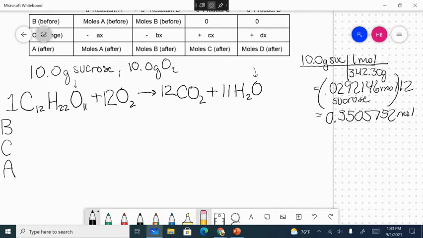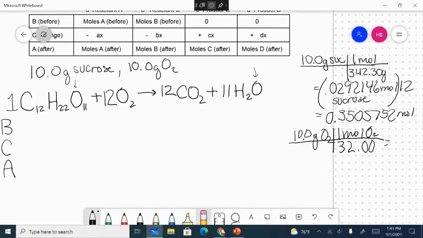Let's figure out how much we do have. Remember, you can't ever compare grams to grams. You have to go grams to moles. This is O2, not O, so it's 32 grams in 1 mole.